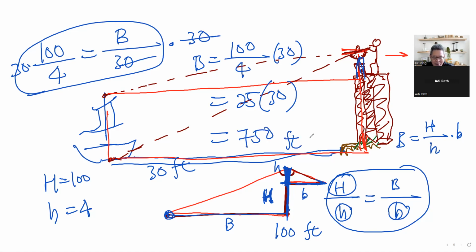So basically, we just cannot measure on the ocean, but using the property of similar triangles, now he's able to make a calculation about how far the boat is.